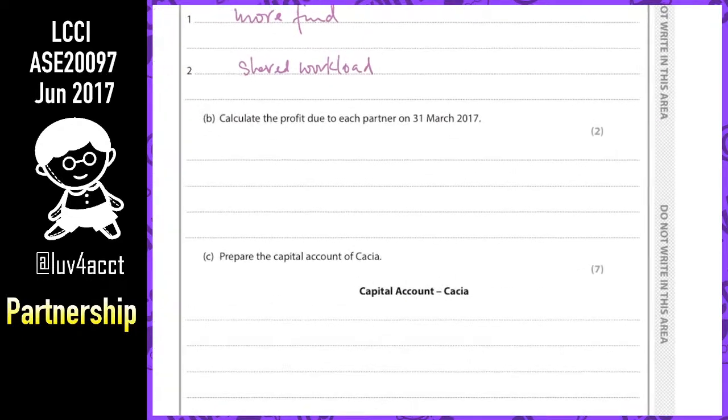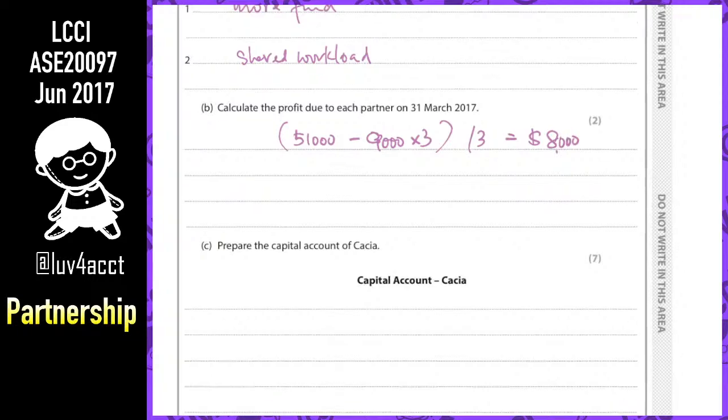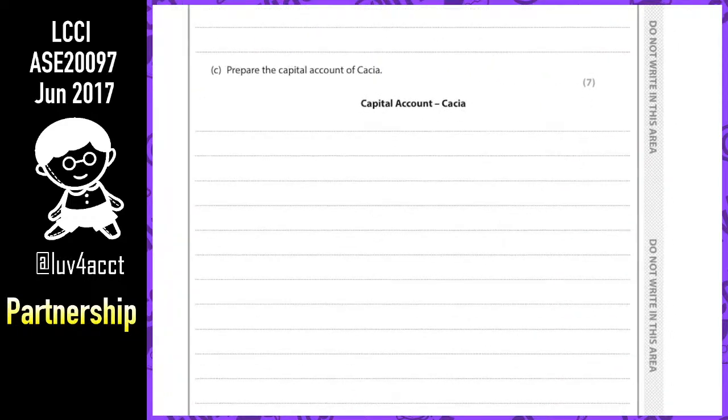Okay, so calculate 51,000 minus 9,000 multiplied by 3 and then divided by 3. Okay, that would give you 8,000 each.